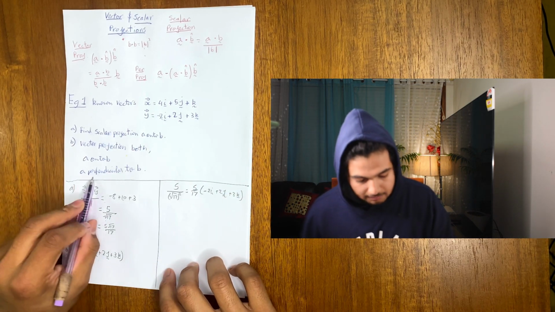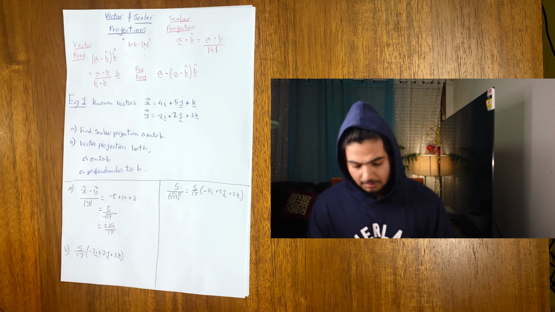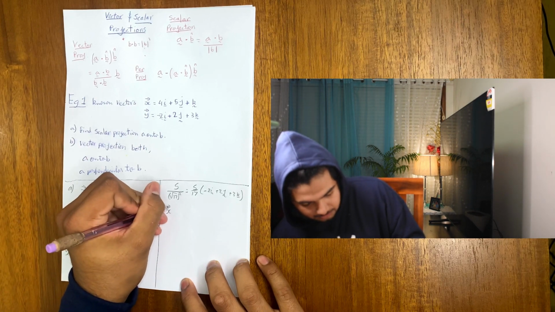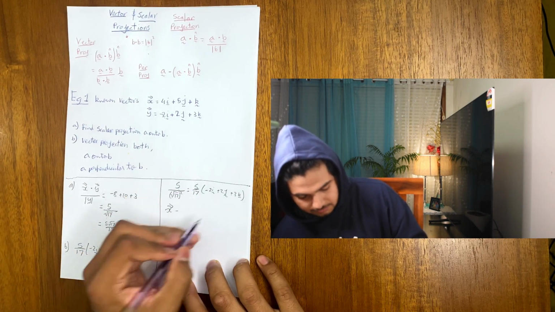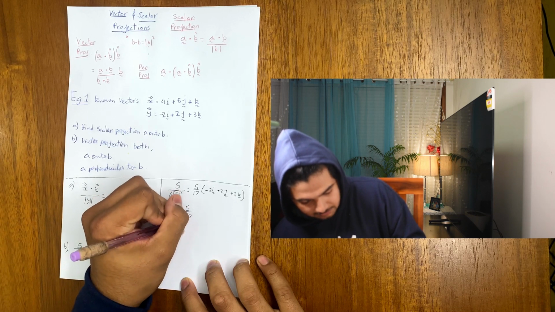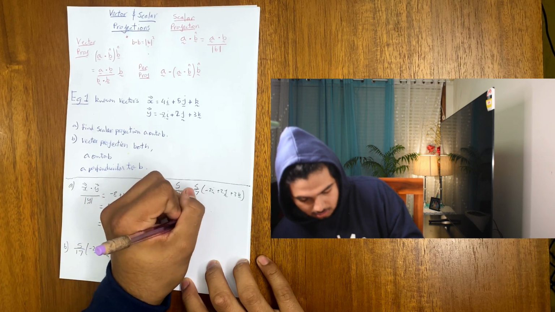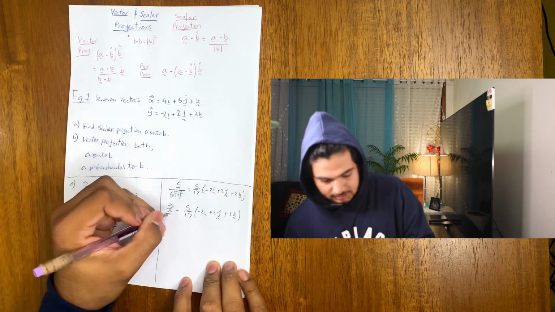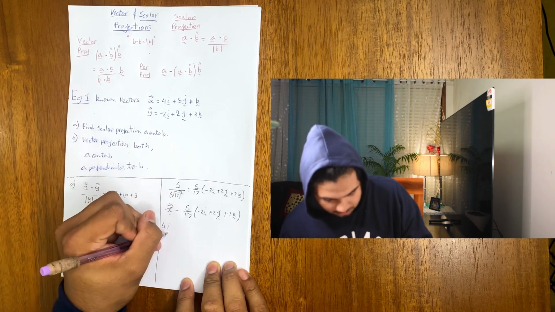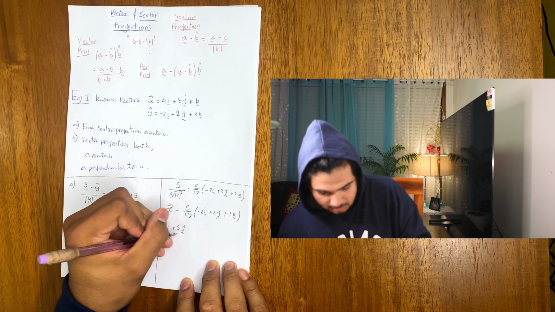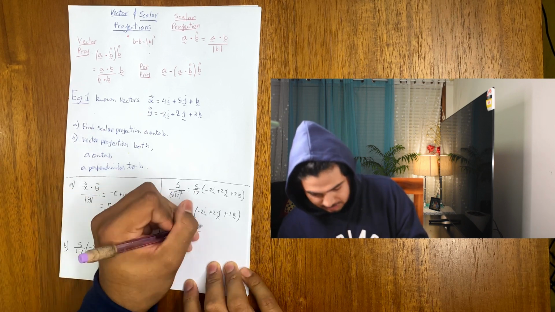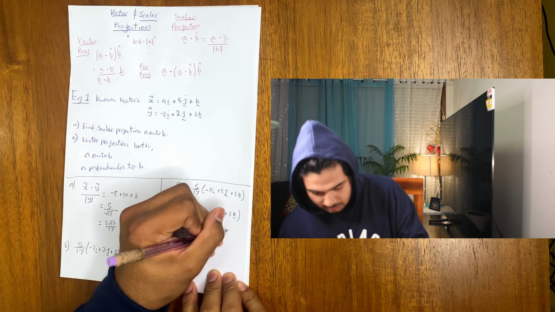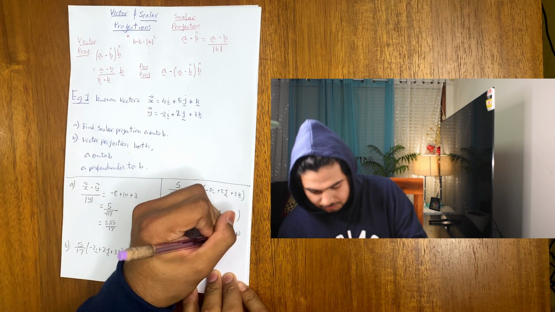Next part we have is x perpendicular to y. This is going to be this formula here. So we have vector x minus this vector, 5 on 17 times negative 2i plus 2j plus 3k. Vector x is 4i plus 5j plus k, minus 5 on 17 times negative 2i plus 2j plus 3k.